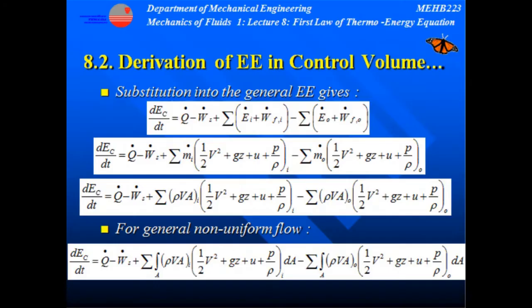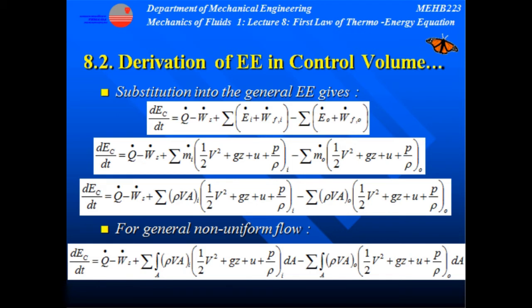If you go back to the slide, you see it should be similar to what I have just written. So this is the general uniform flow of energy equation, while this one is for non-uniform flow. If you still remember, for non-uniform flow, you have to integrate with respect to the area.